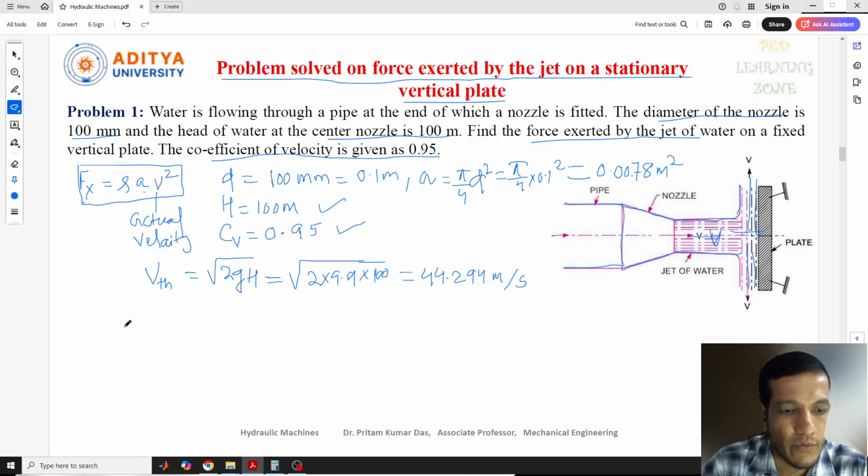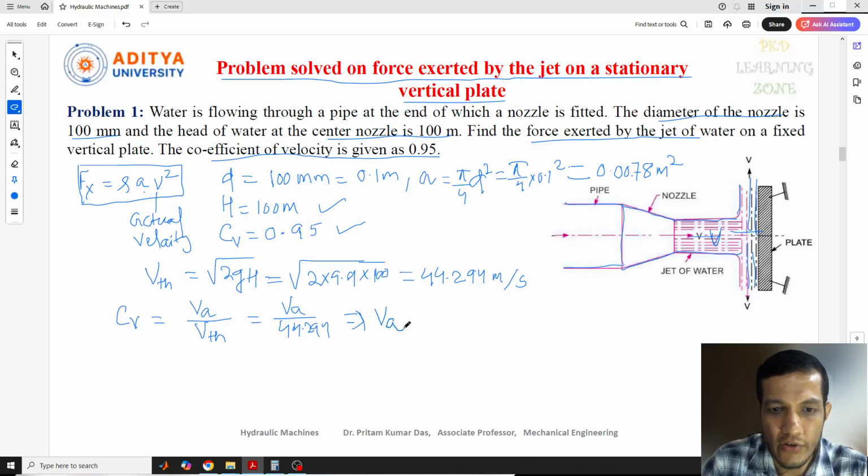Okay, now we know that the coefficient of velocity equals actual velocity by theoretical velocity. The actual velocity is not given, we need to calculate it, and the theoretical velocity we have already identified here. So we can write the actual velocity equals Cv, which is 0.95, that is 95% of the theoretical velocity.